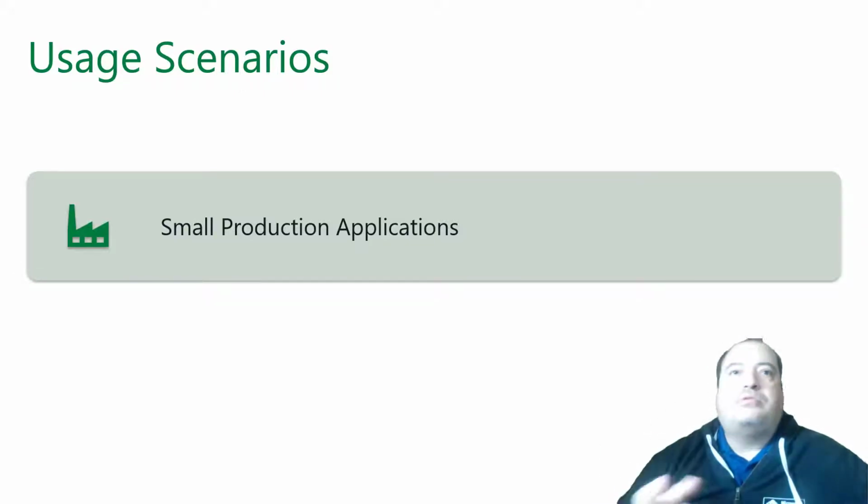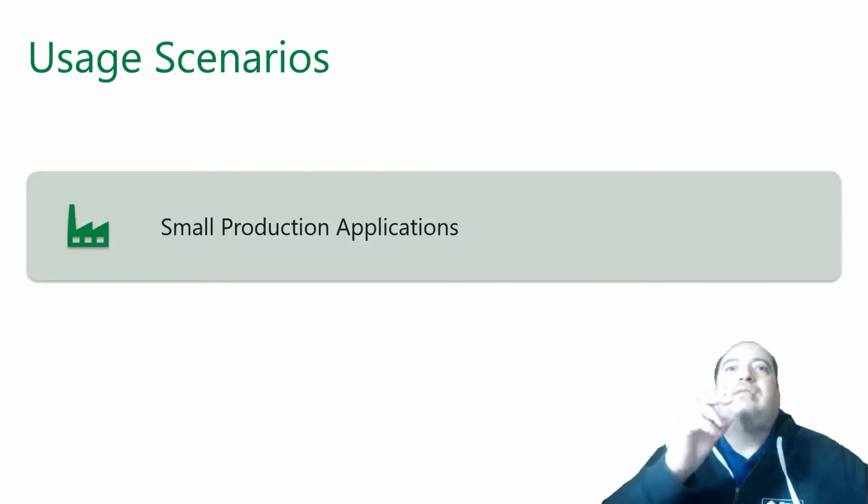You are building a small application using Power Apps, you want a small database, something simple, you can use a Fabric database for that. Why am I highlighting small? Can this be a big application? Well, the point is, in a big application, I probably want to manage it a bit better.